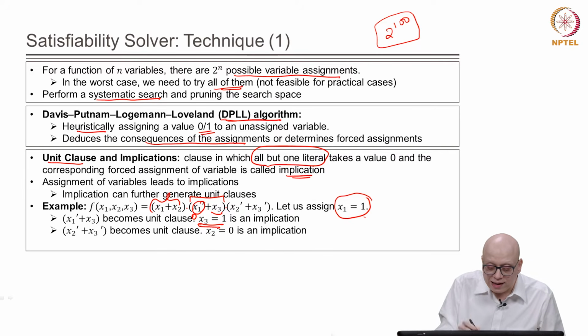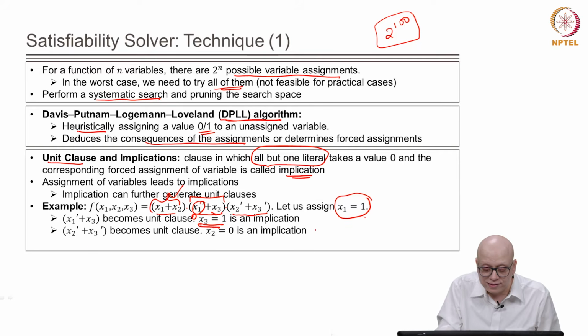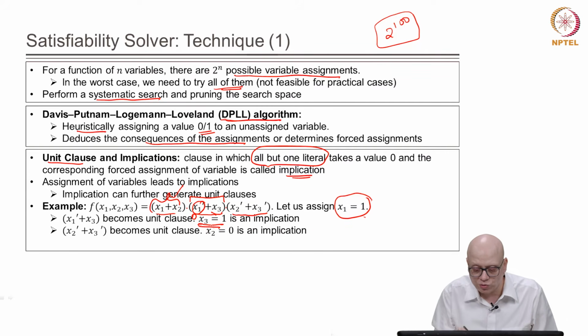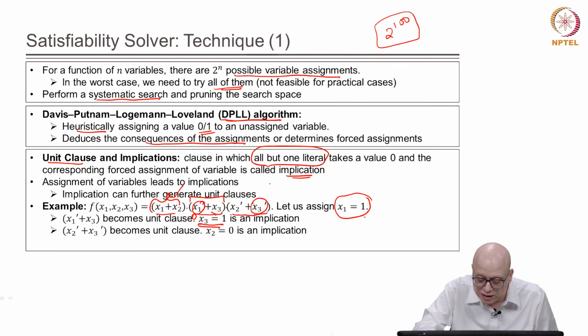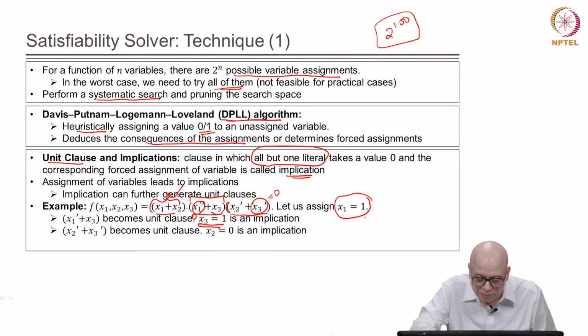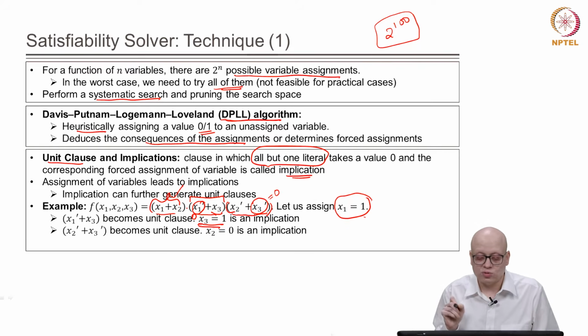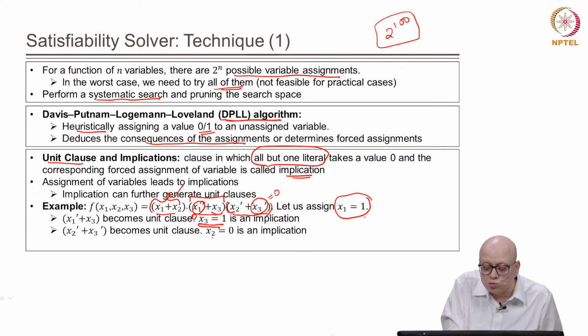Now, if we assign x3 equal to 1, the first two clauses became 1. What about the third one? In this case we were forced to assign x3 equal to 1. Therefore this literal, x3', takes a value of 0, because we made x3 equal to 1. In this particular clause only x2' is unassigned, all others are 0, and therefore we are forced to have x2 equal to 0, such that this also becomes 1, right.